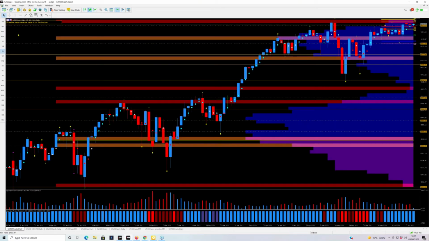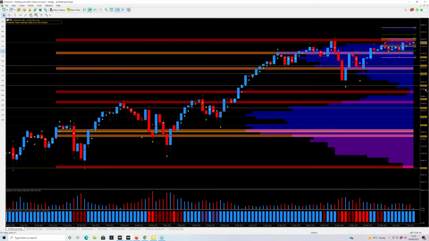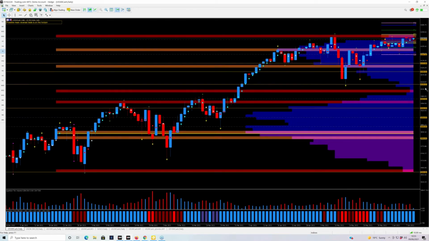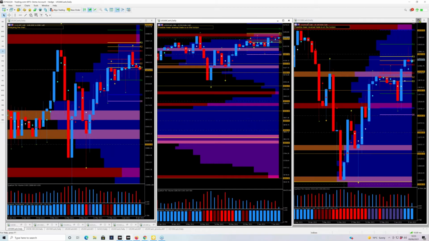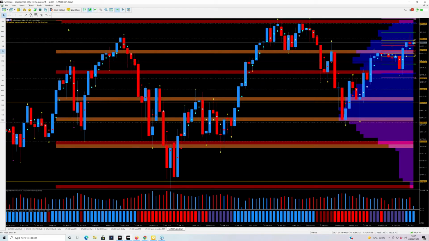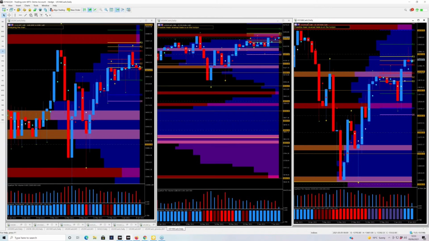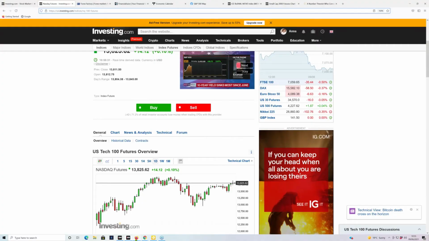And this is the 500, the S&P, which I think has probably just about, has it taken out the high, David? I think it has, on the S&P 500. And then we've got the Nasdaq here as well. Yeah, the Nasdaq, which as I said has not quite got to the 14,000, but it's approaching those areas, and that is having an effect on the lack of volatility that you're seeing.